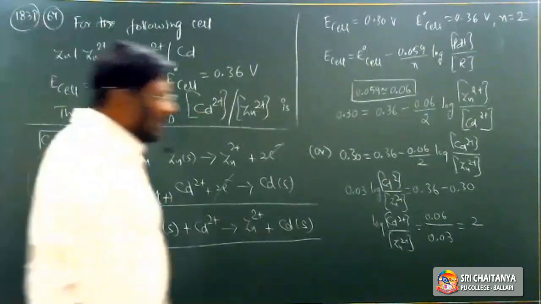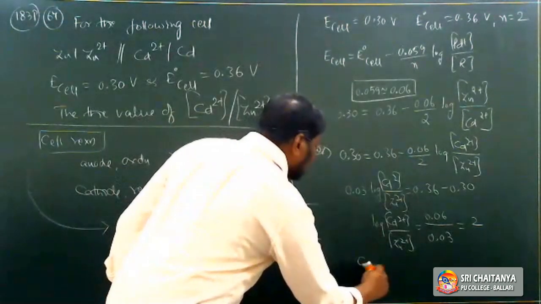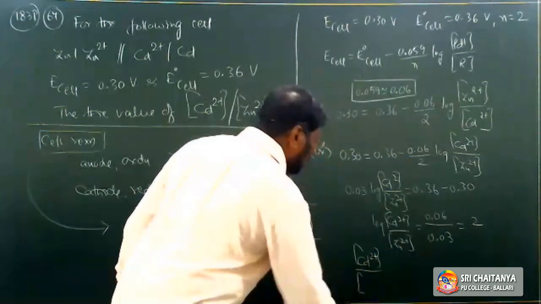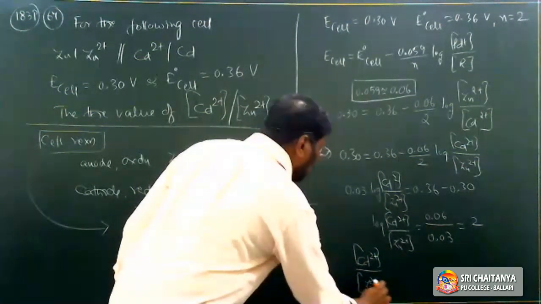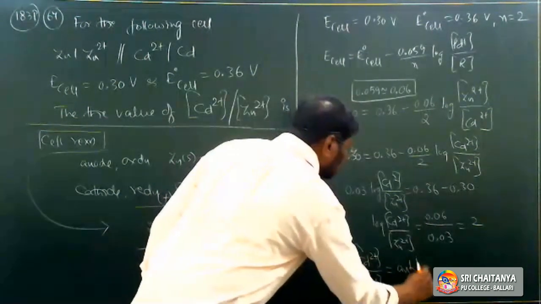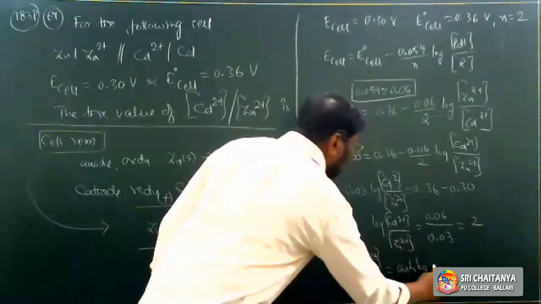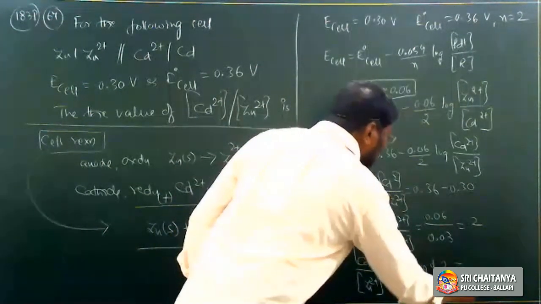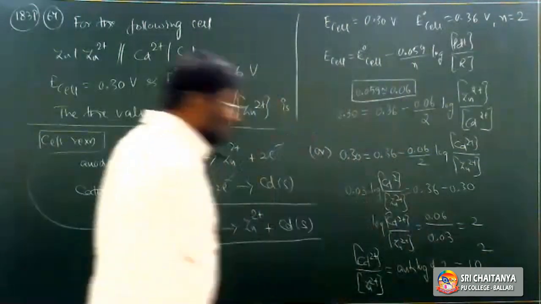So therefore, Cd2+ divided by Zn2+ is equal to antilog of 2. Therefore, antilog of 2 is how much? 10 square.